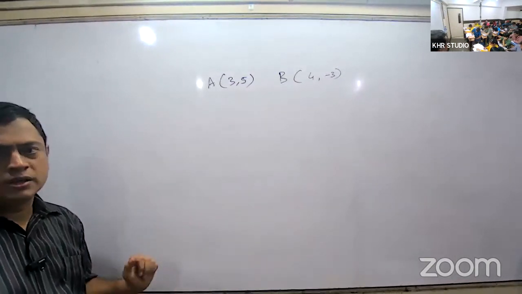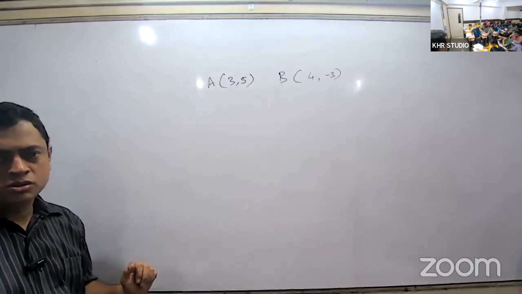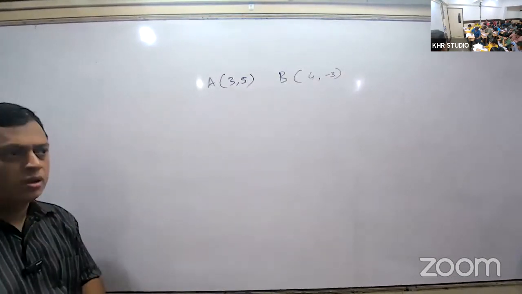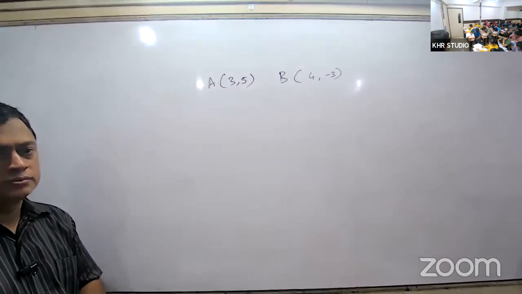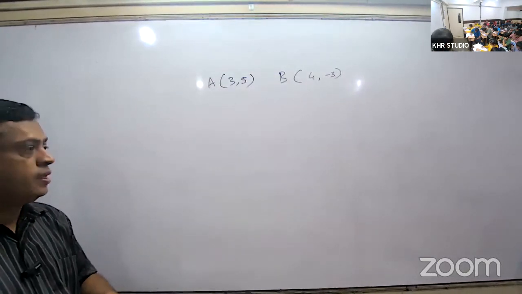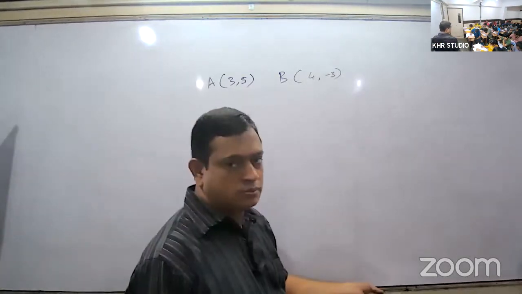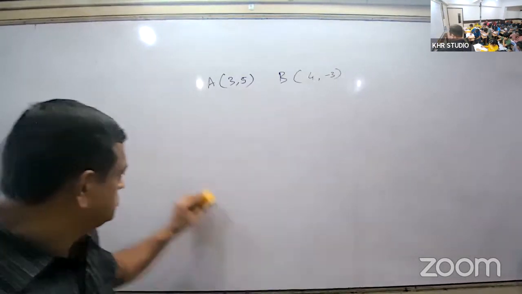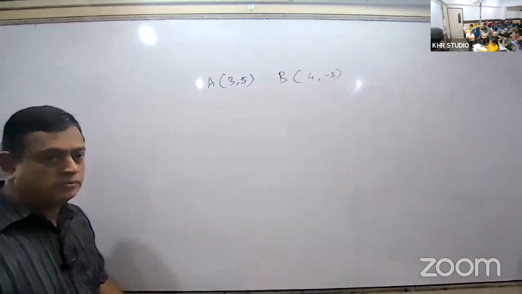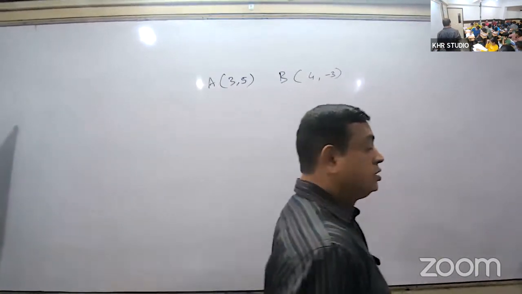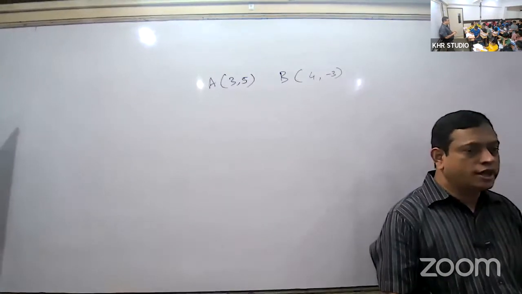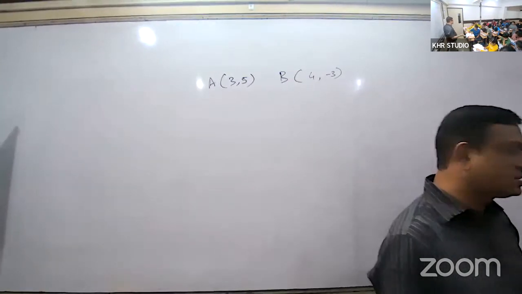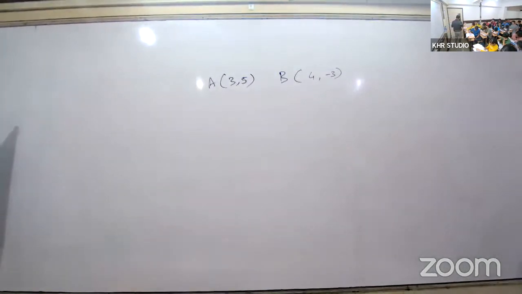Also, find the point of division. Three mark question. Find the ratio in which AB is divided by the x-axis. Find the point of division.